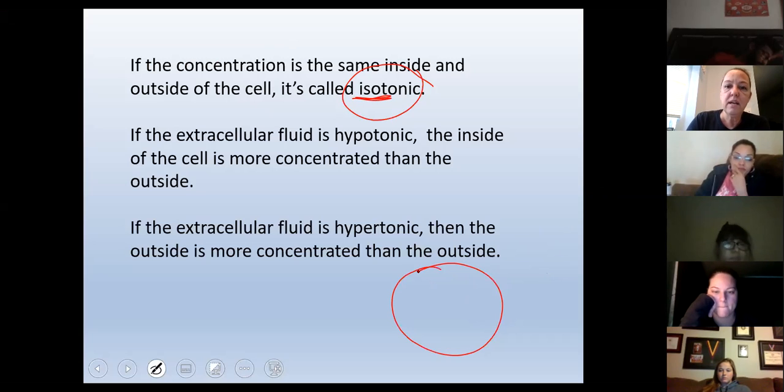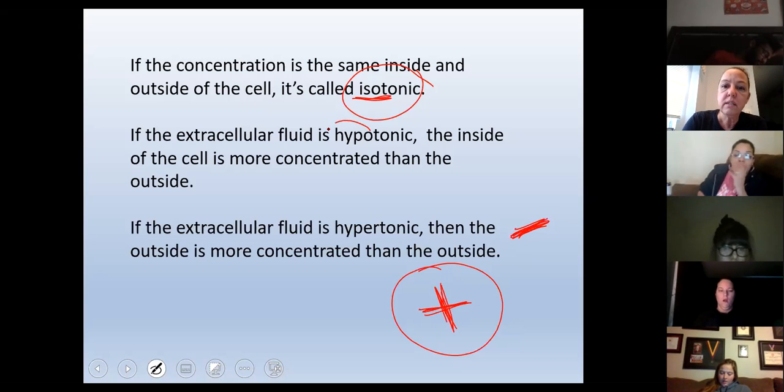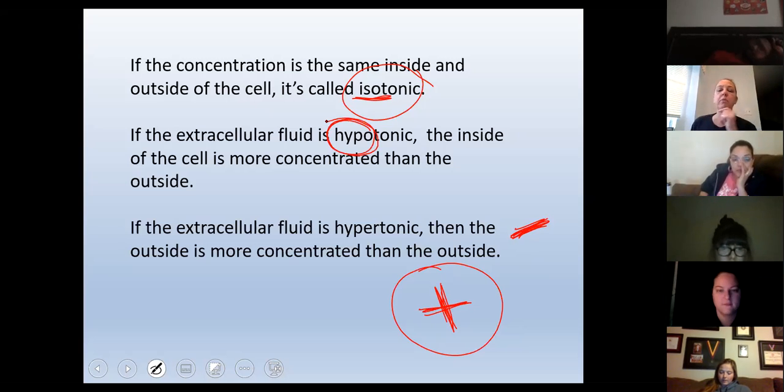If the outside is more, or I'm sorry, less concentrated than the inside, so the inside of the cell is more concentrated than the outside. Do you see the word hypo? What does hypo mean?